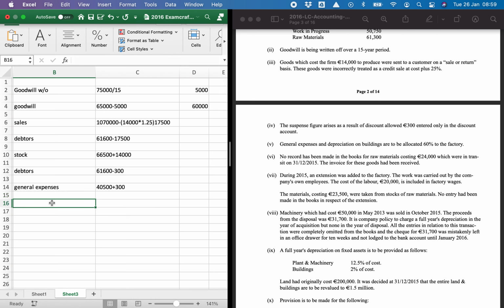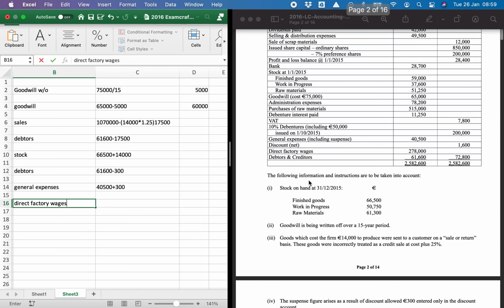So number 7 then, during 2015 an extension was added. The work was carried out by the company's own workers. The cost of labour is included in factory wages. Of course it shouldn't be included in factory wages. So we go to direct factory wages, and we're going to take that number out. Our direct factory wages are 278,000, and we'll take out that 20,000.